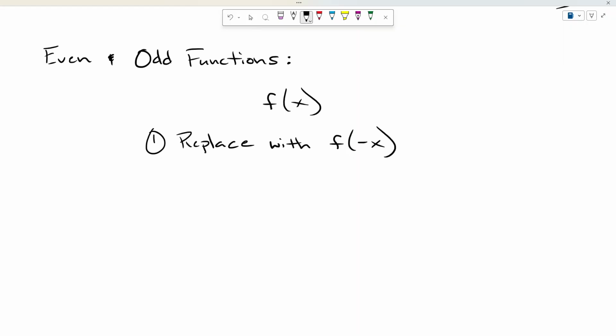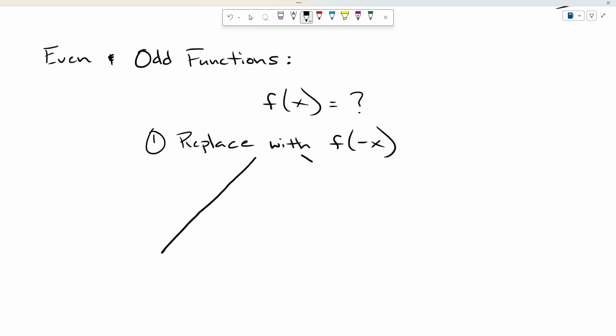So given f of x, whatever it may be, for each x, we're replacing it with negative x. So that's the first thing we want to do, regardless.